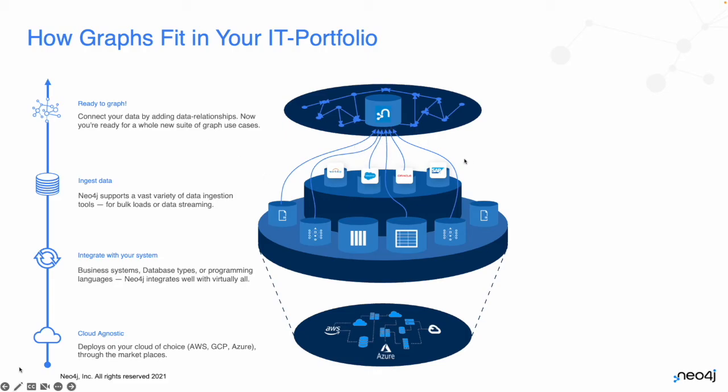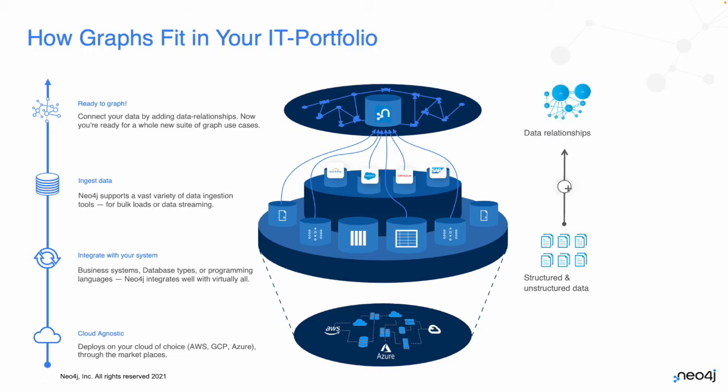So these connectors are the ingestion, the connectors we talked about earlier as part of a typical graph platform. And they all sit on whatever on-prem infrastructure or cloud provider you have, and it's unstructured or structured data. You then connect, and then you start building these data relationships within your graph database.